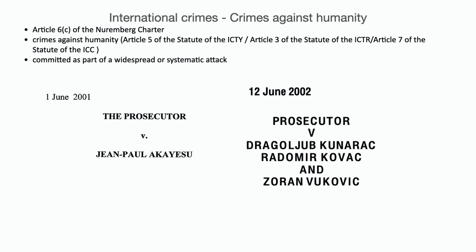The requirement of widespread or systematic in the case of Akayesu was defined as massive, frequent, large-scale action carried out collectively with considerable seriousness and directed against a multiplicity of victims. While systematic was defined as thoroughly organized and following a regular pattern on the basis of a common policy involving substantial public or private resources.